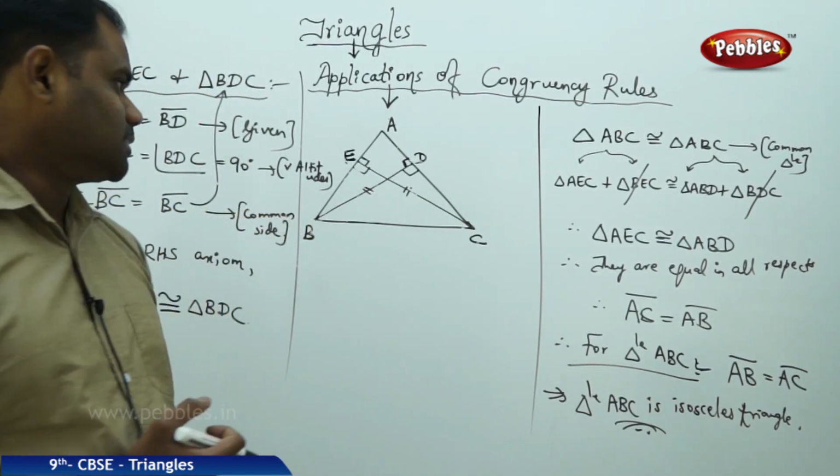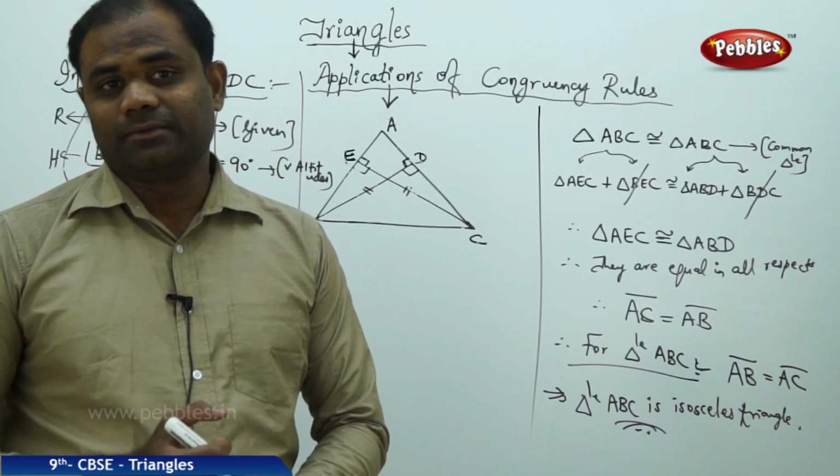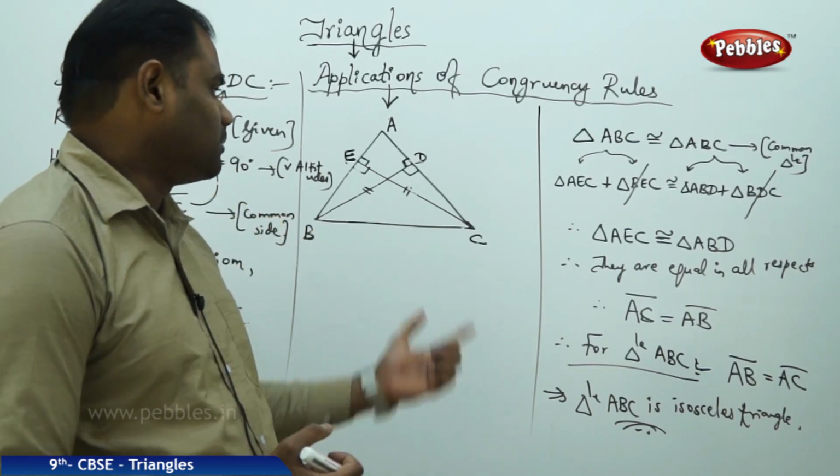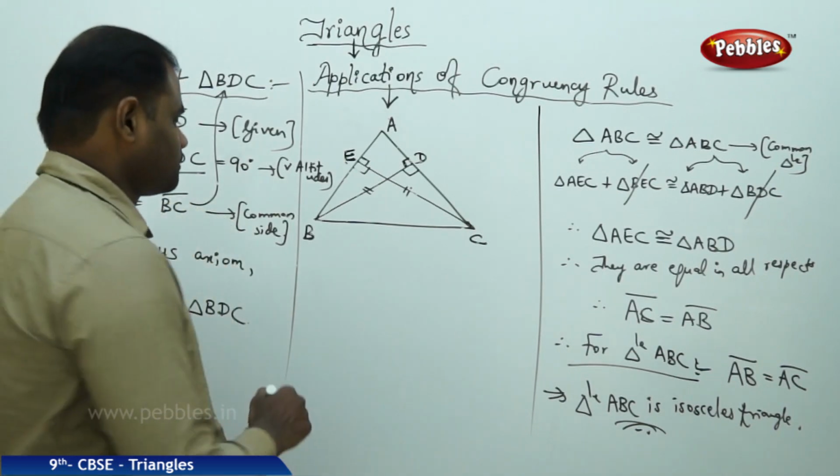If a triangle has two equal altitudes, then the triangle must be isosceles, is how I make the learning outcome.